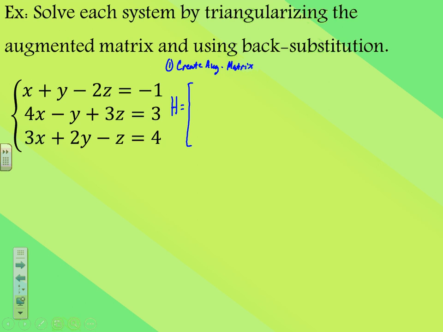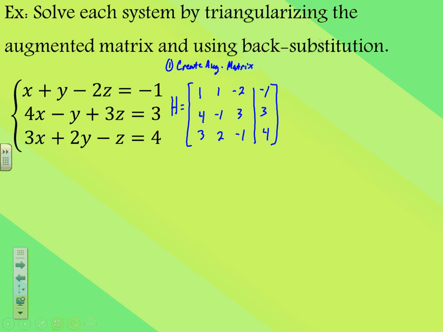So we're going to get 1, 1, negative 2, negative 1 here for the first row, 4, negative 1, 3, and 3 for the second row, and 3, 2, negative 1, and 4 for the third row.